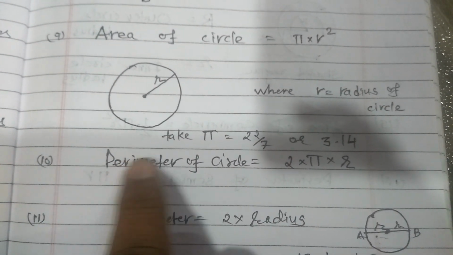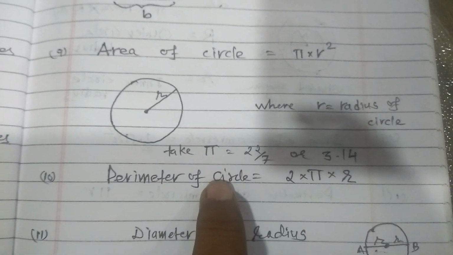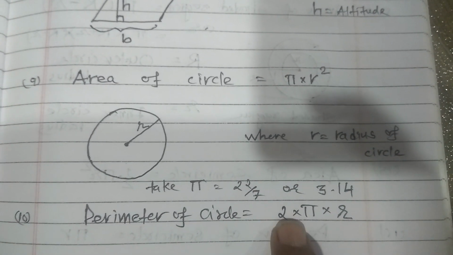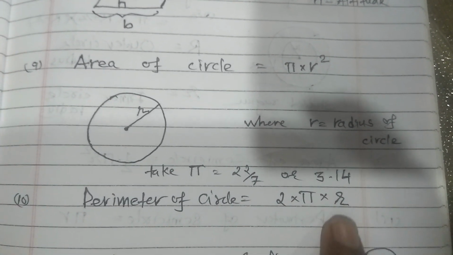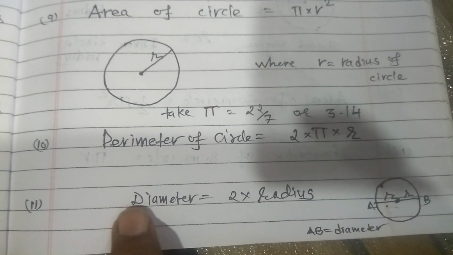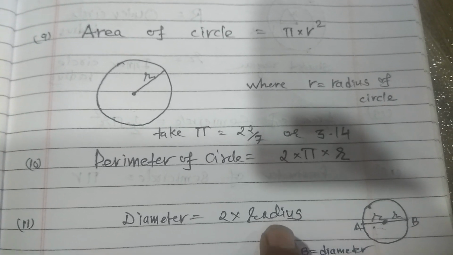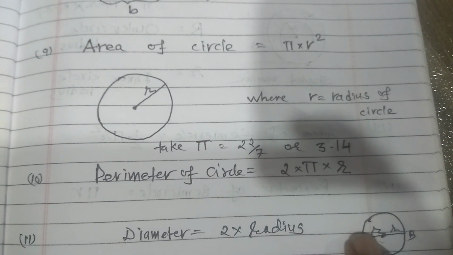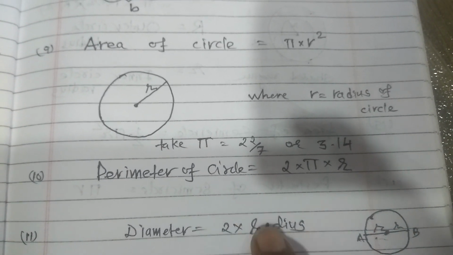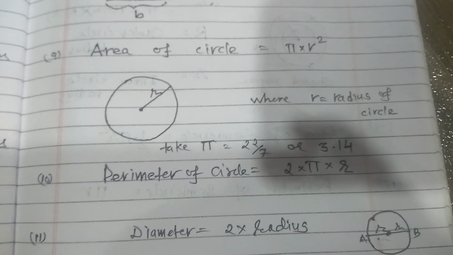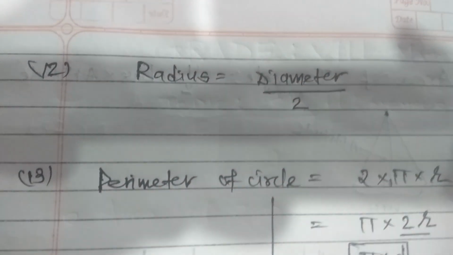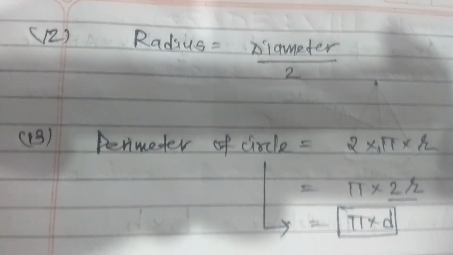Okay, now perimeter of circle is equal to 2 pi r. Diameter of the circle is 2 multiplied by radius, means 2r. You see diameter is r plus r, means 2r, 2 into radius. So radius is equal to diameter upon 2.